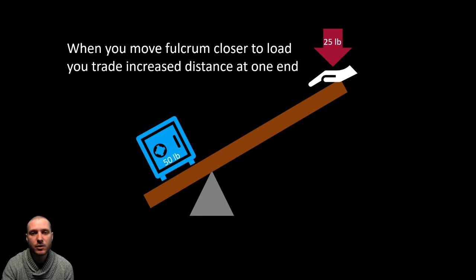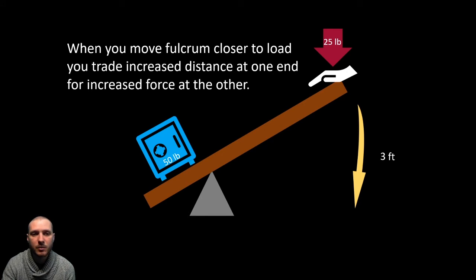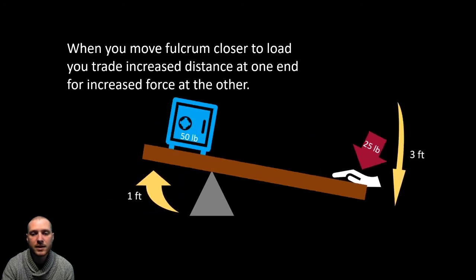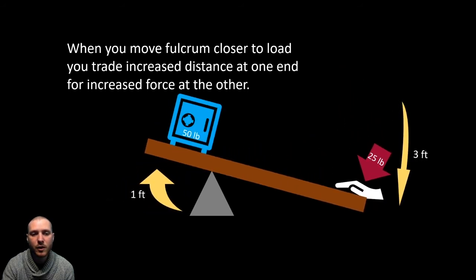So here we can push down with 25 pounds of force, and we're still able to lift the 50 pounds. So basically, when you move the fulcrum closer to the load, you're going to trade increased distance. Even though we have to use less weight or effort to push down, we now have to travel a longer distance to lift the weight a little bit less. So in this scenario, we've pushed 3 feet, we've only lifted 1 foot, but we've used less force.